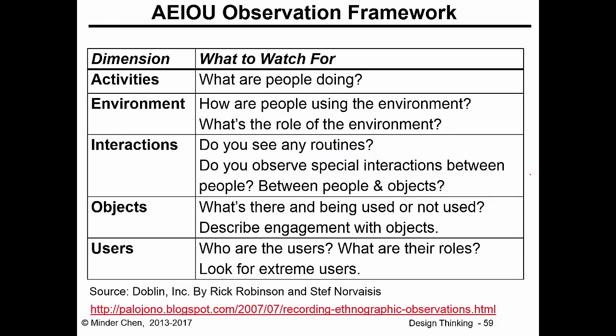Dublin Inc., which is a design firm, proposed a framework. The framework is called the AEIOU Observation Framework, which means when you observe the user in a field setting, you want to document what activities they perform.